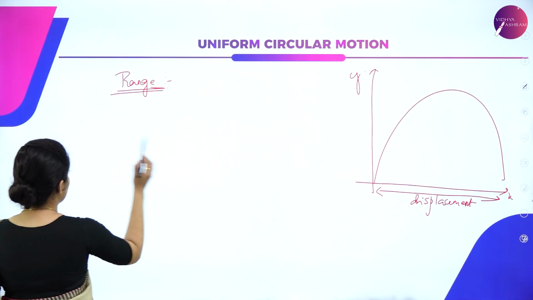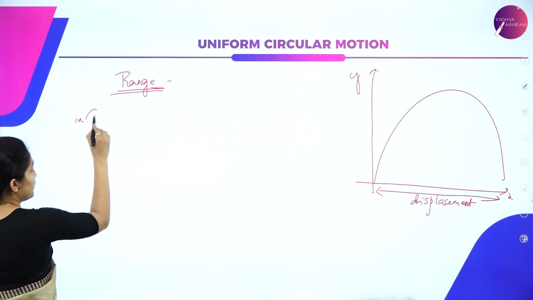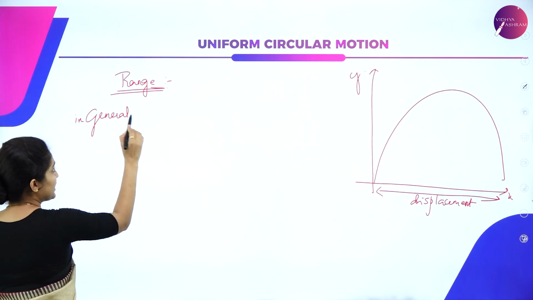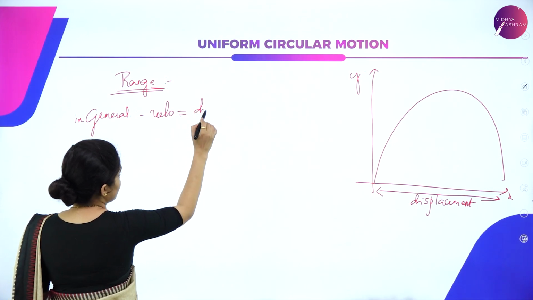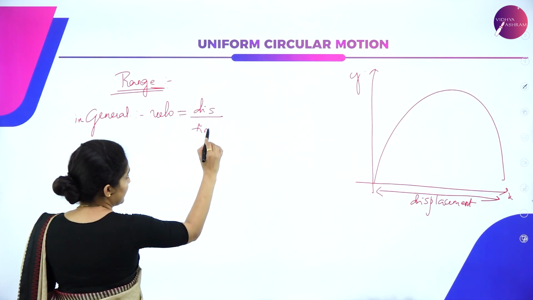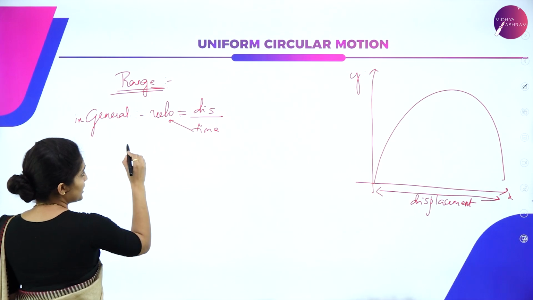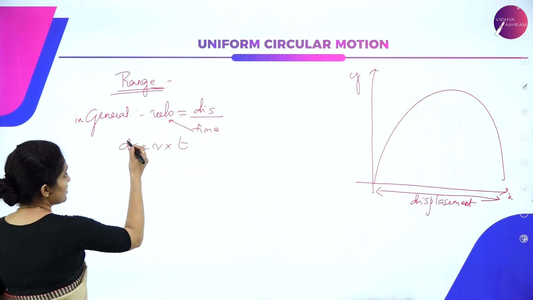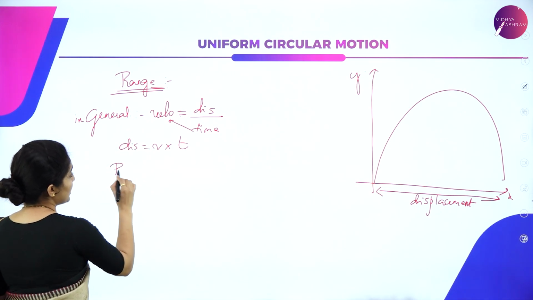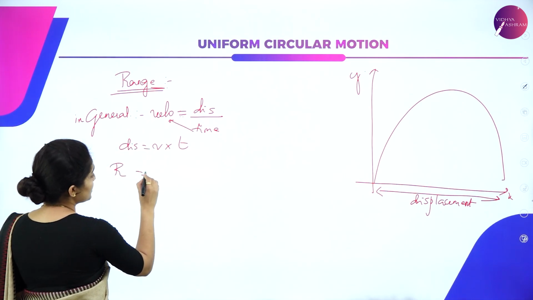In general, what is the displacement formula? We know velocity is equal to displacement by time taken. So displacement is equal to velocity into time. Displacement or distance is nothing but the range. Range is equal to velocity into time.